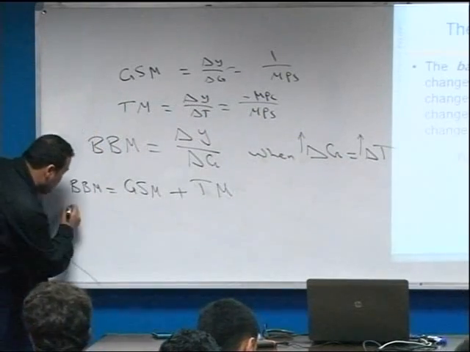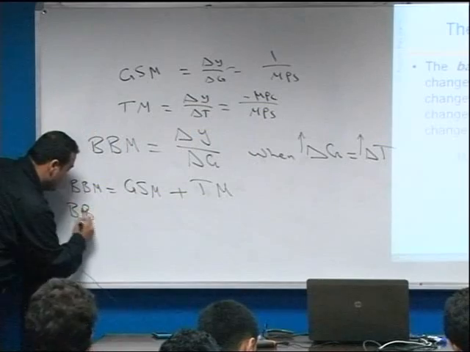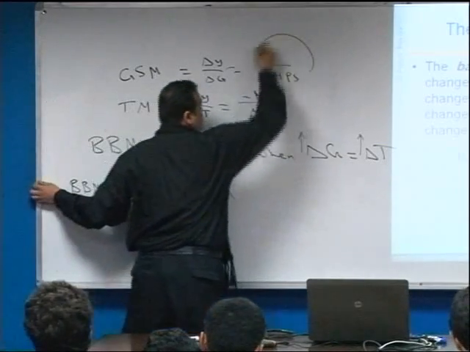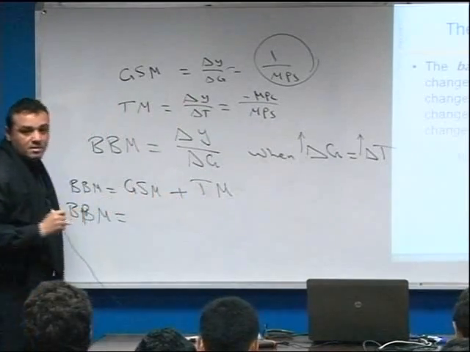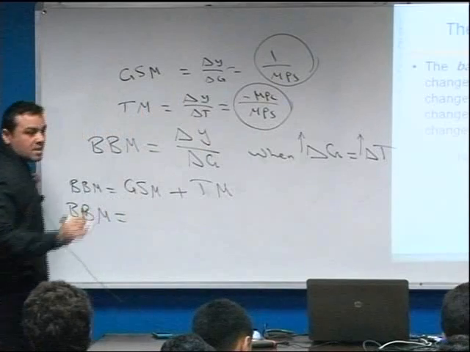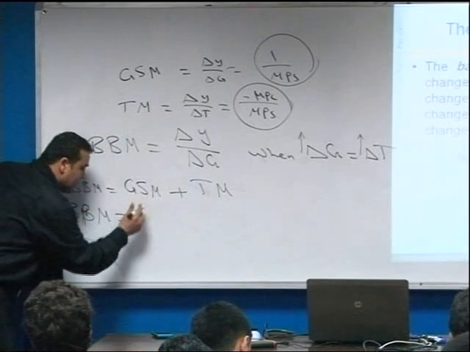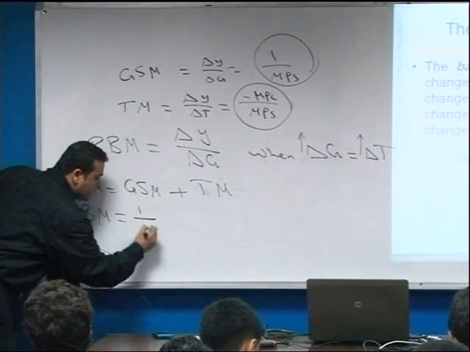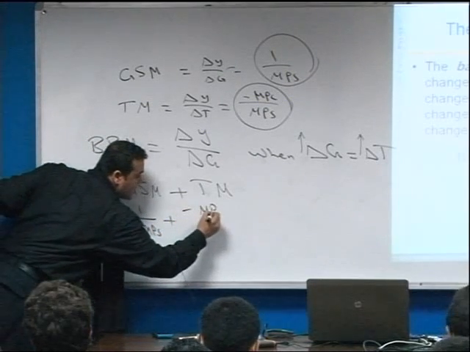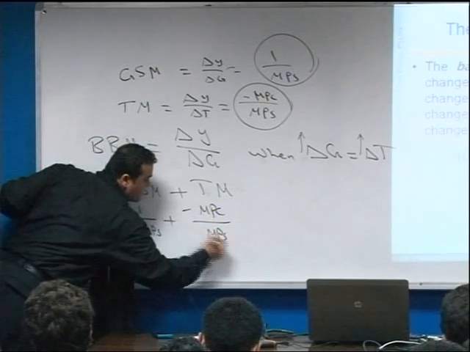So the balanced budget multiplier equals what? The government spending multiplier is 1 over MPS. The tax multiplier is minus MPC over MPS. So it is 1 over MPS plus minus MPC over MPS.